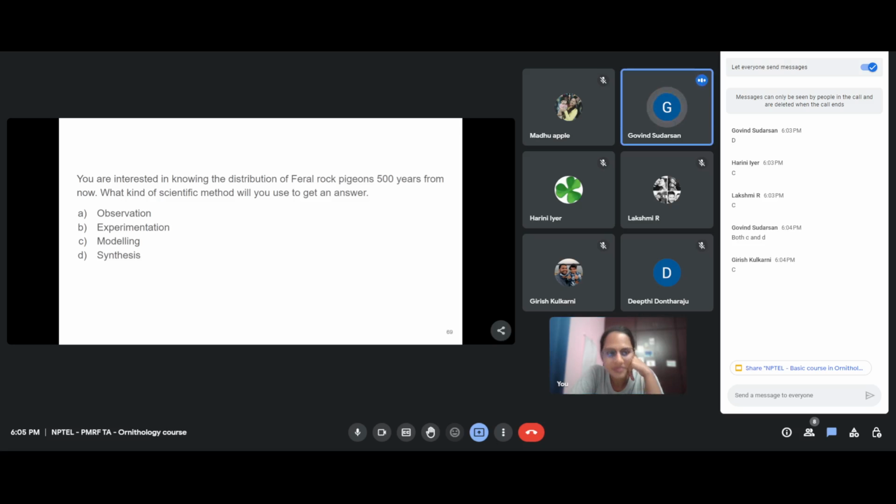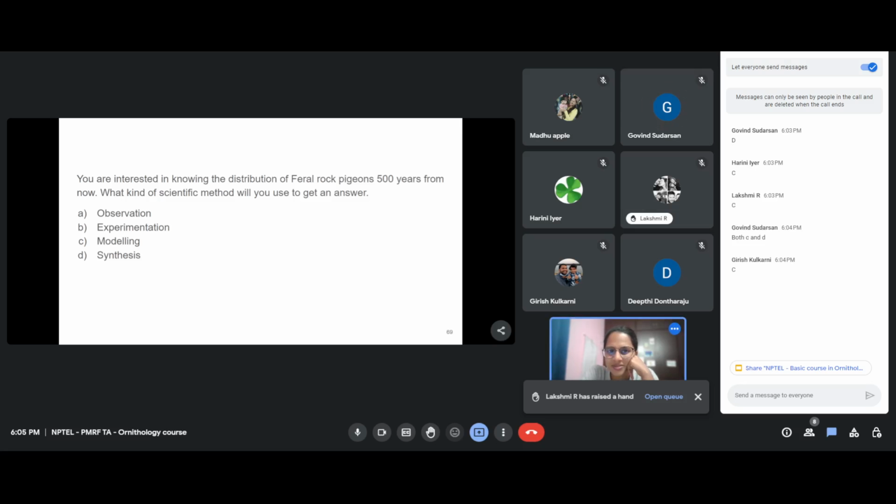We need to perform synthesis of current data, and then only move on to modeling for the future. Sure, but ultimately, if you had to pick one, what would you pick? I guess if I had to pick one, it would be C.